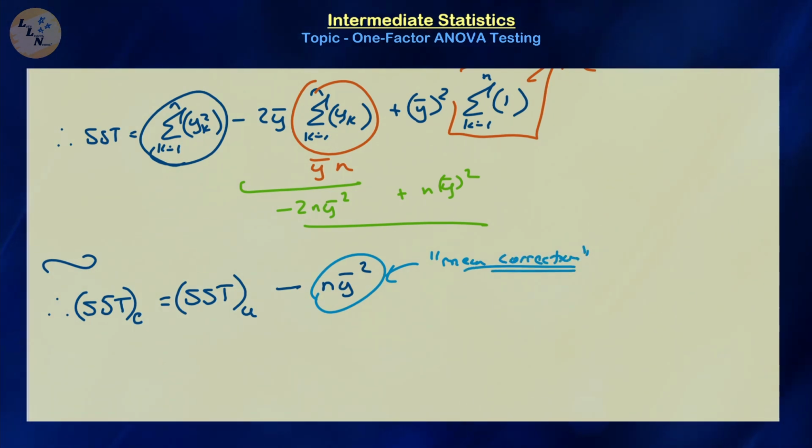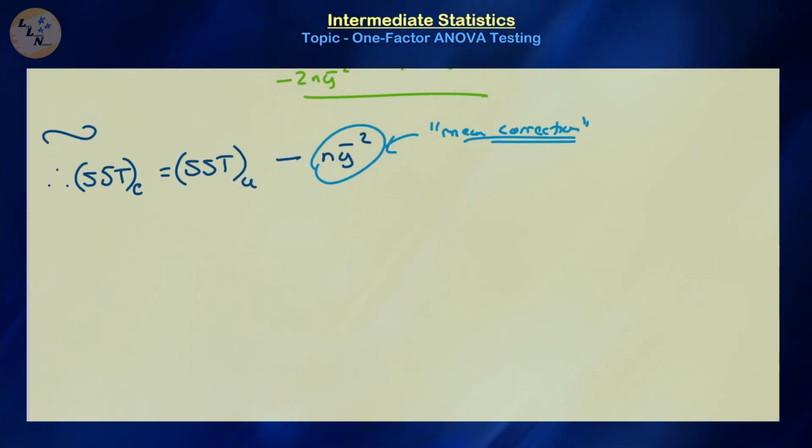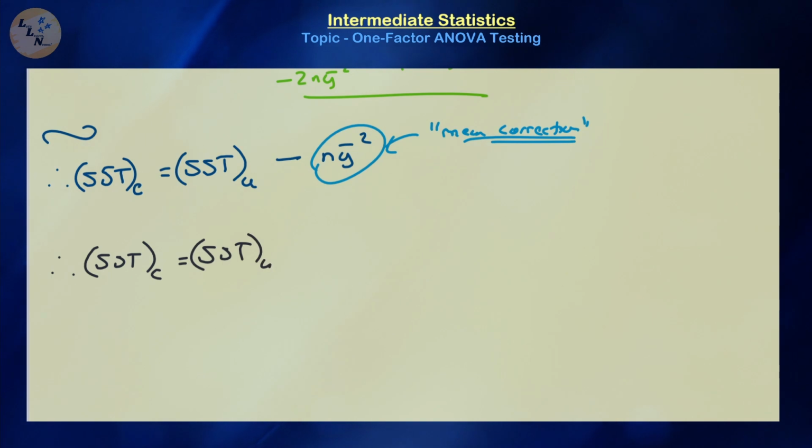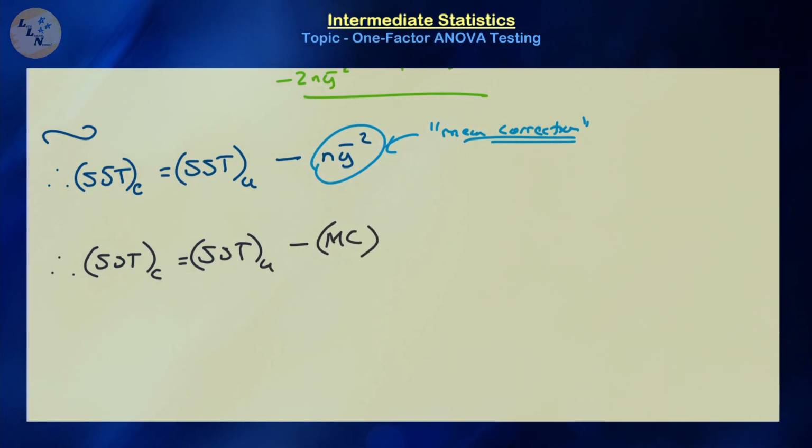We're not going to get into the theoretical understanding of what exactly that is, but pretty much what we have here is that the corrected total sum of squares is equal to the uncorrected total sum of squares minus the mean correction. Okay, so that means the uncorrected total sum of squares is equal to the total sum of squares corrected plus the mean correction, right?